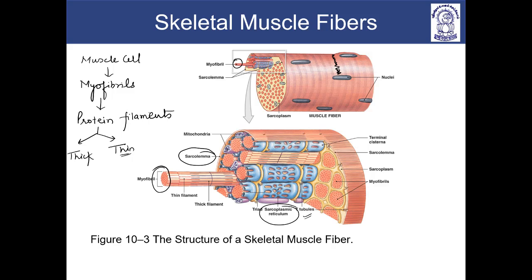You can see the striations. So these striations are A band and I band. A band is anisotropic and I band is isotropic.